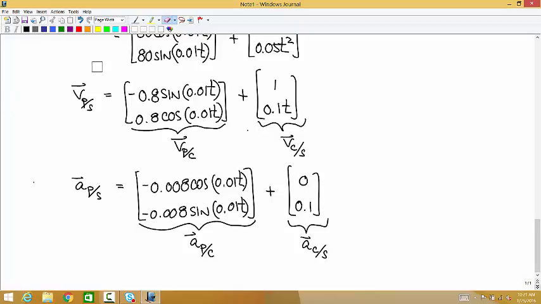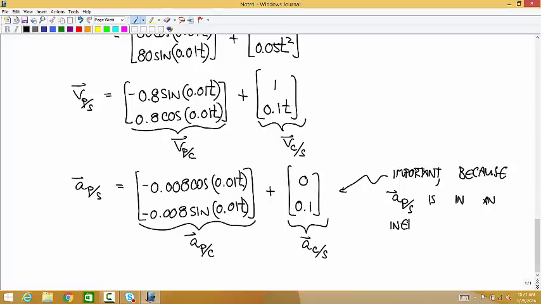And the acceleration one is a really important one because the acceleration of the passenger with respect to the shore is in an inertial coordinate system.